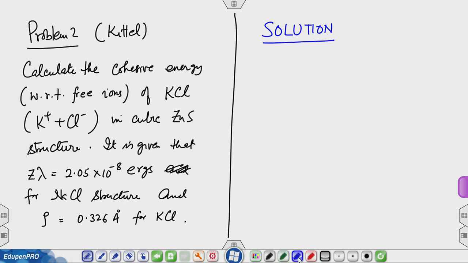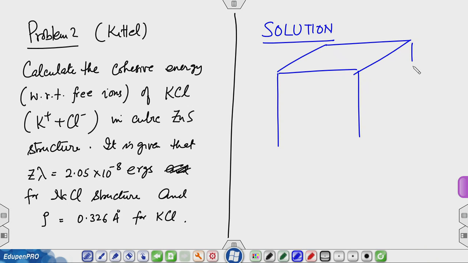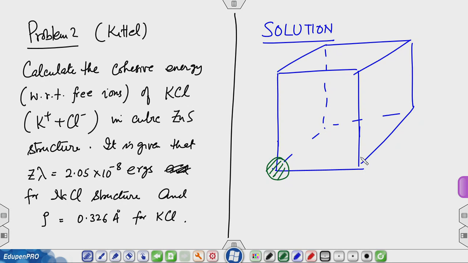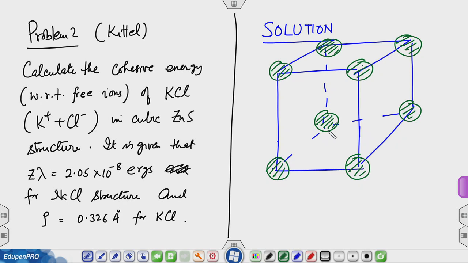In the NaCl structure, we have the big ions here, and as I had said once earlier while discussing crystal structure, potassium and chlorine ions are almost of the same size, and then we have these other ions sitting right here alternatively.